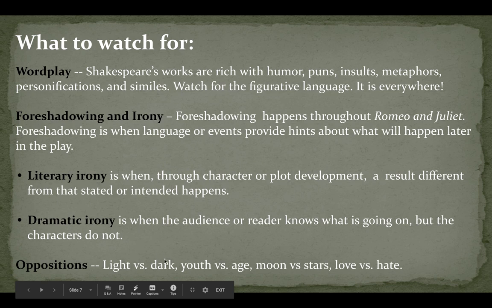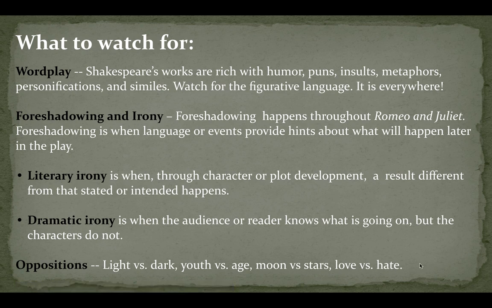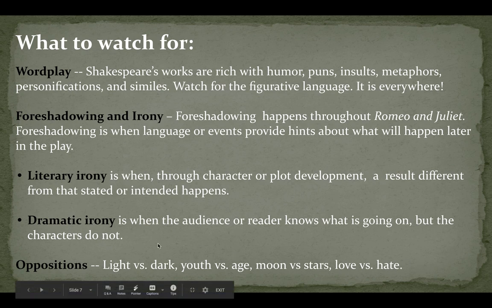So we'll see certain things happening at night and certain other things happening during the day. We'll see the relationship between youth and age, the moon versus the stars, and love versus hate. There might be even more, but lots of oppositions.